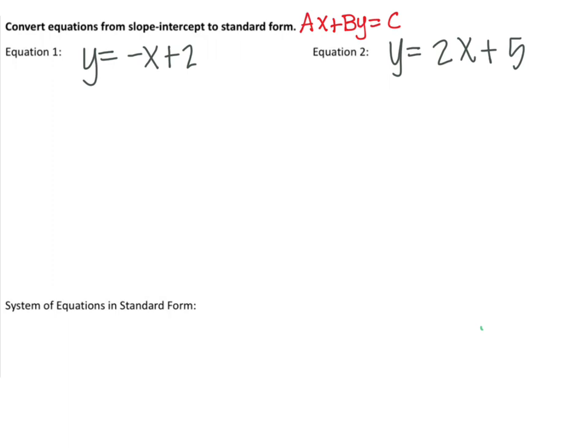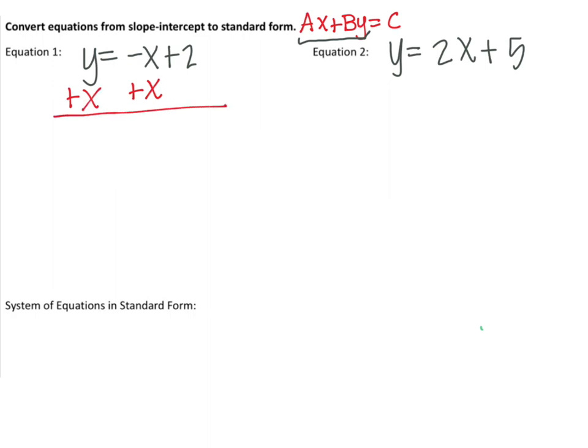So equation 1, y equals -x plus 2. The first thing I notice is that in front of my x value is just a negative. That means it's -1, and that's not a fraction, so I don't need to multiply by the denominator in this case. But I do need my x and my y to be on the same side, like in standard form. So I'm going to add x to both sides so my x and y will be on the same side.